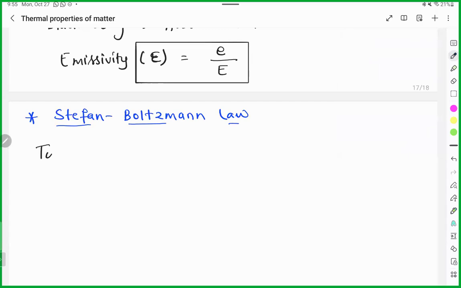It says that the total energy present in unit time per unit area, landing on a given area in given time, this total energy E will be directly proportional to the temperature raised to power 4. And there is a proportionality constant lambda.